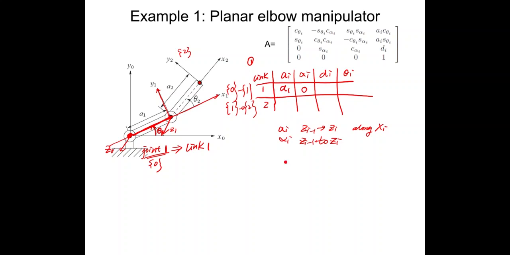Okay, and how about the next one, d I? What is the definition of d I? d I is the O(I-1), which is the origin of frame 0, to the intersection of X I and Z0 along the Z(I-1) axis, which is along Z0 in this case.